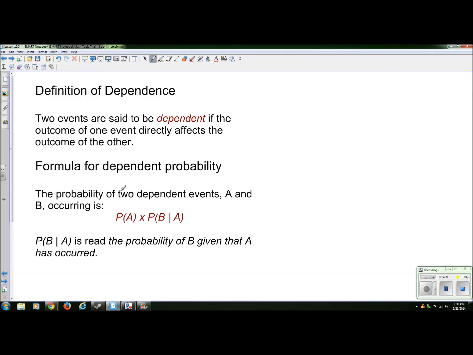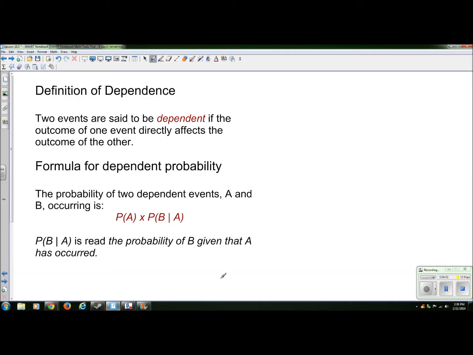The formula for dependent probability is just this. The probability of 2 dependent events A and B both occurring is the probability of A times the probability of B given that A has occurred. So note that this little slash between B and A is read the probability of B given that A has occurred.